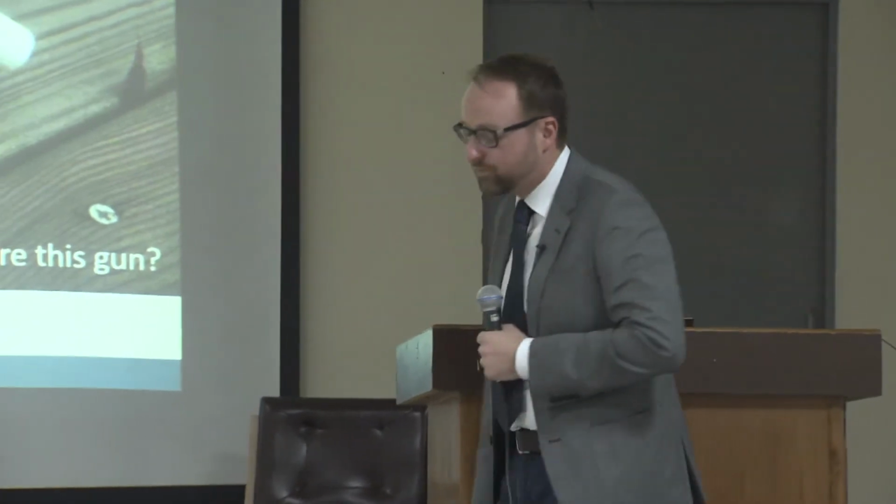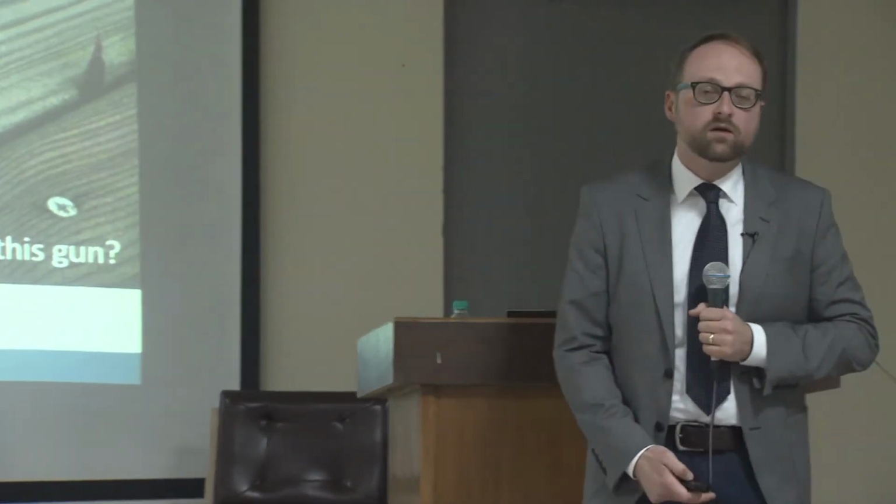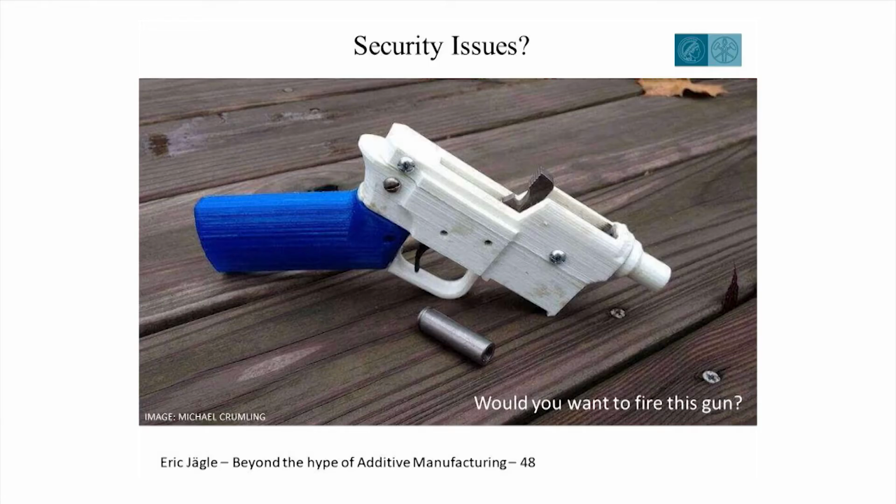Two years ago there was a big scare about 3D printed pistols, and it was a huge outcry in the media and the uninformed media. Do we need to regulate 3D printing? Is it dangerous? And of course that is stupid, because even this gun here that can barely fire two bullets before it explodes in the hands of the person who holds it has metal parts for its most important bits.